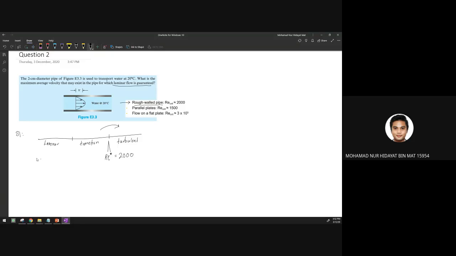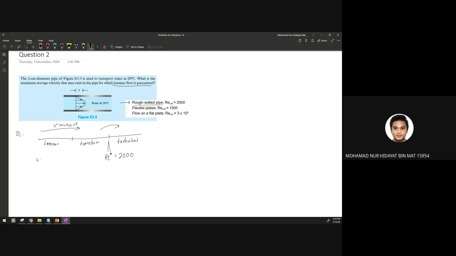So in order to become turbulent, it must increase the speed from slower speed. The velocity is increasing. In order to become turbulent, the laminar flow has to increase the velocity. Then it will become turbulent.